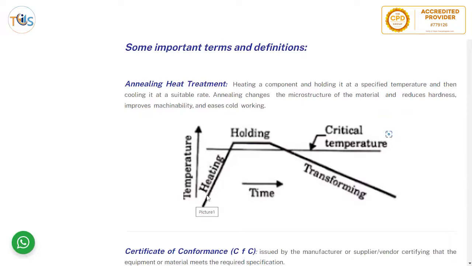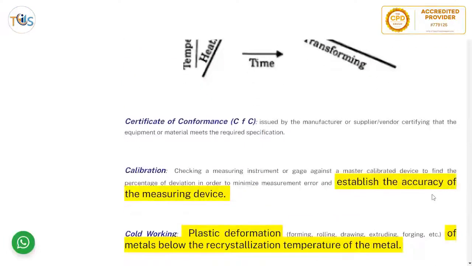As you can see, the temperature goes up at a constant rate as you heat it, there is a holding time, and then you bring it down to atmospheric temperature. There is a critical temperature above which you should hold, and that's when the recrystallization happens and the microstructure of the material changes. It also reduces stress for stress relaxation purposes.